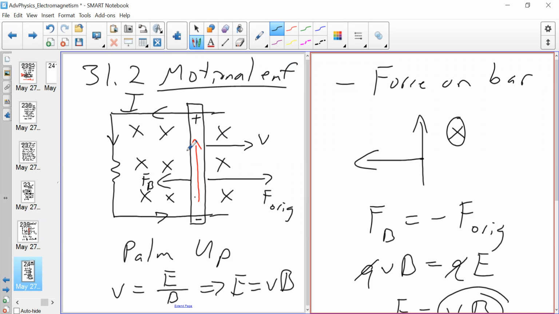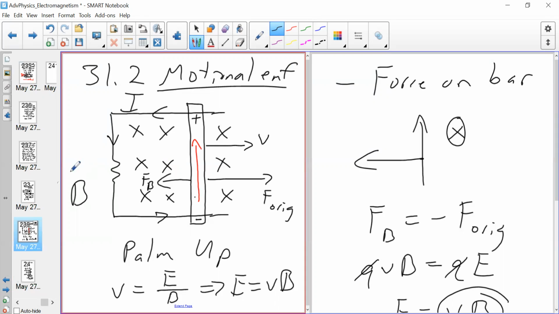So at this moment it's here, and then it's going to get even more magnetic field lines, and it keeps on going. If this wire is extended, as soon as this goes right, we're going to increase the amount of field here. So we're increasing the magnetic field as the conductor goes right.